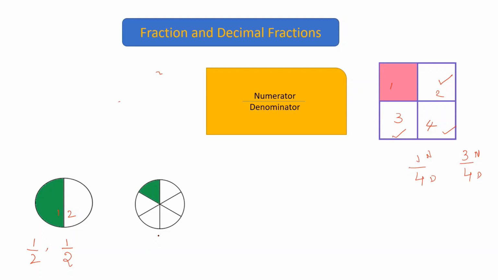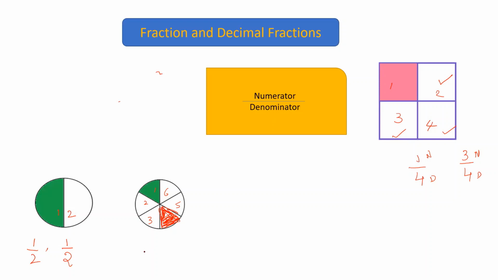The other example: here the circle is divided into 1, 2, 3, 4, 5, 6 parts. Only one part is shaded. Now I want to shade one more part. I'm shading here. Now write a fraction for the shaded part.